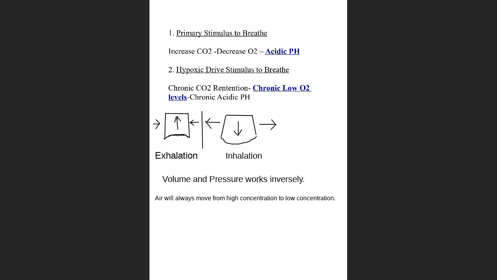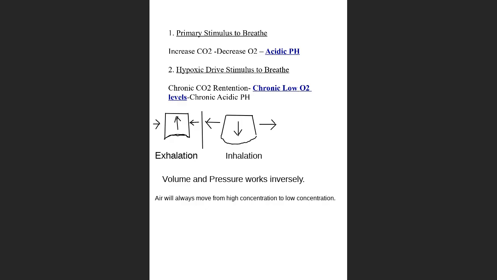So there are chemoreceptors, chemical receptors within the brainstem, and these chemoreceptors respond to changes in the pH of the cerebrospinal fluid.